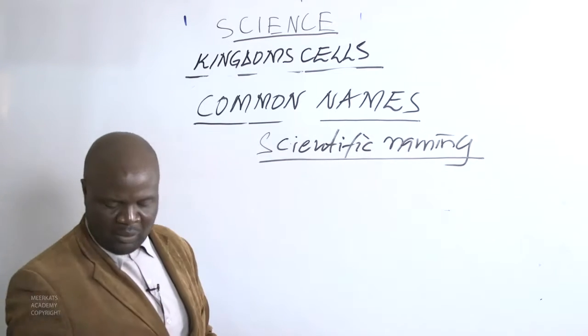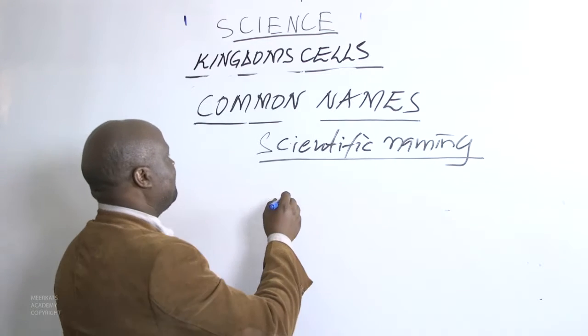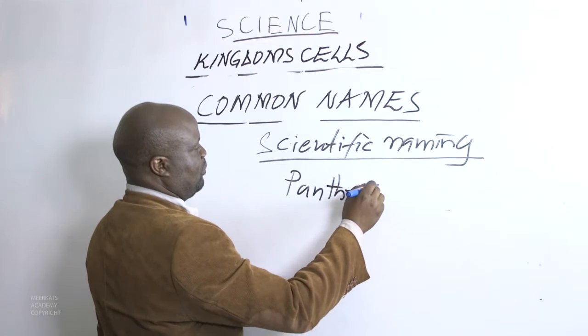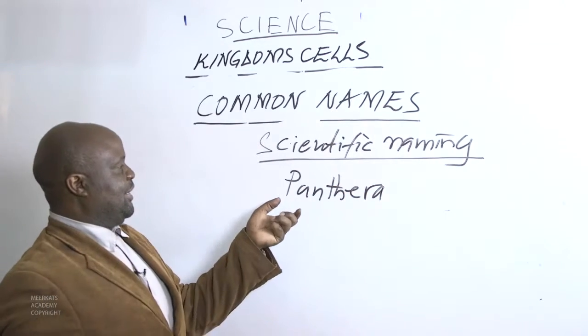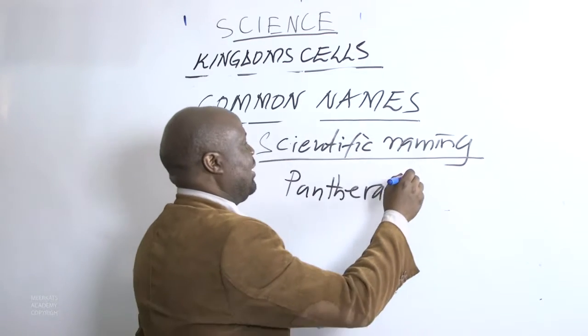Let us give an example of animals that we know. For instance, Panthera. Panthera is the genus of that particular organism. And then we say Panthera leo.